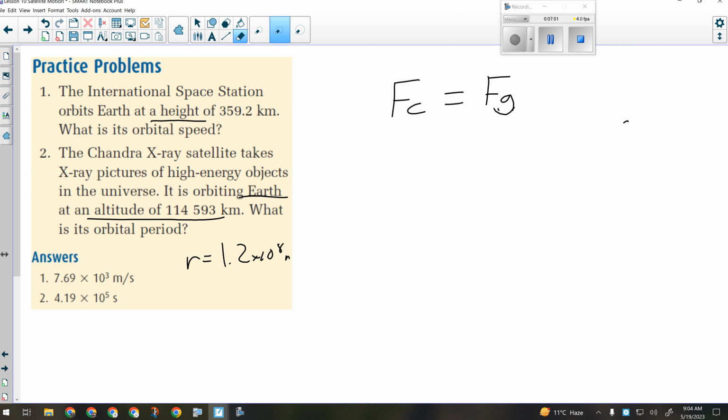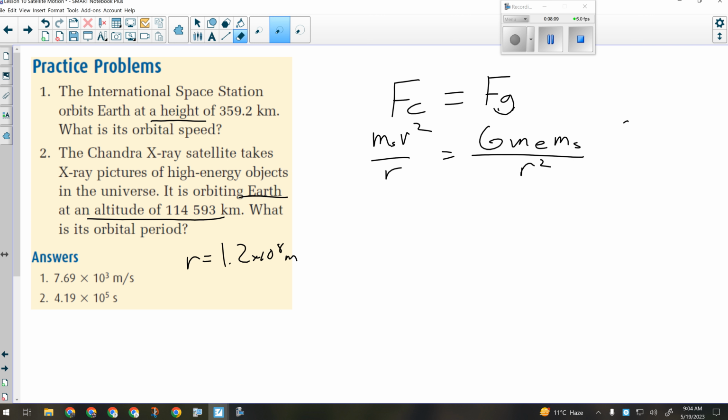I'm not writing it all down, I'll keep it in the calculator. So there's my orbital radius. Now I need to do this: mv squared over r equals big G times mass of the Earth times the mass of the satellite, over the orbital radius, center to center.